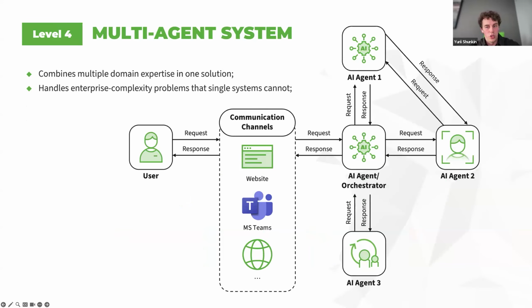The next step in the evolution of agents is the multi-agent system. Here, instead of a single all-purpose agent, we have multiple specialized agents that handle smaller, well-defined tasks. Each one focuses on its own domain, for instance, text generation, image recognition, data analysis, and so on.